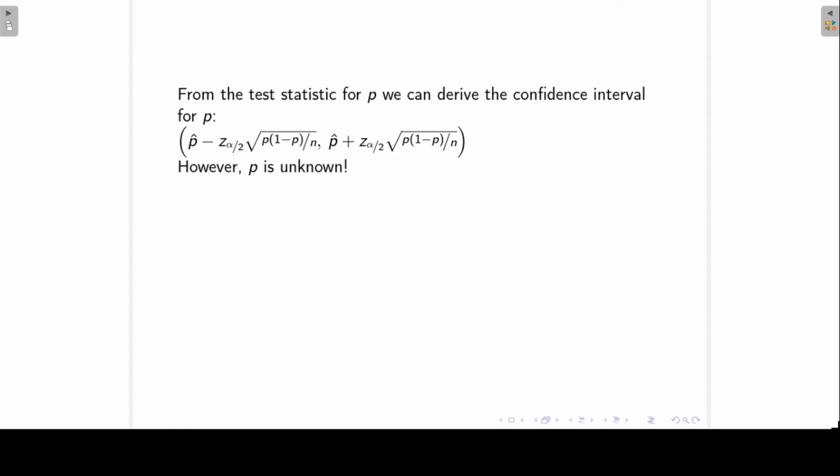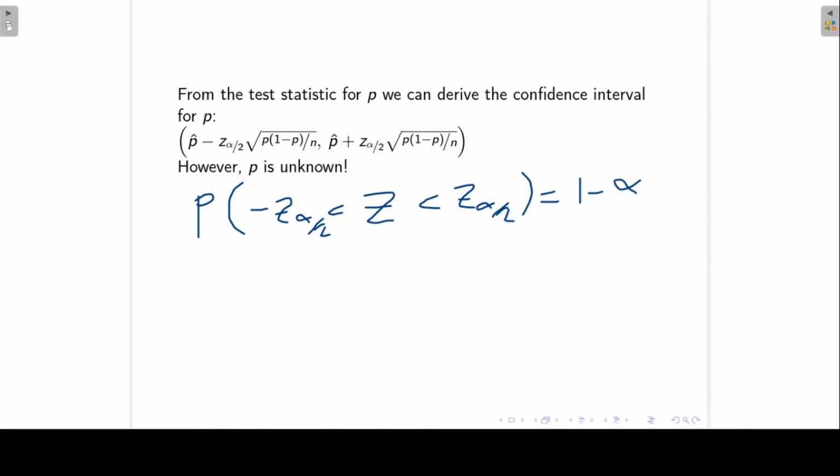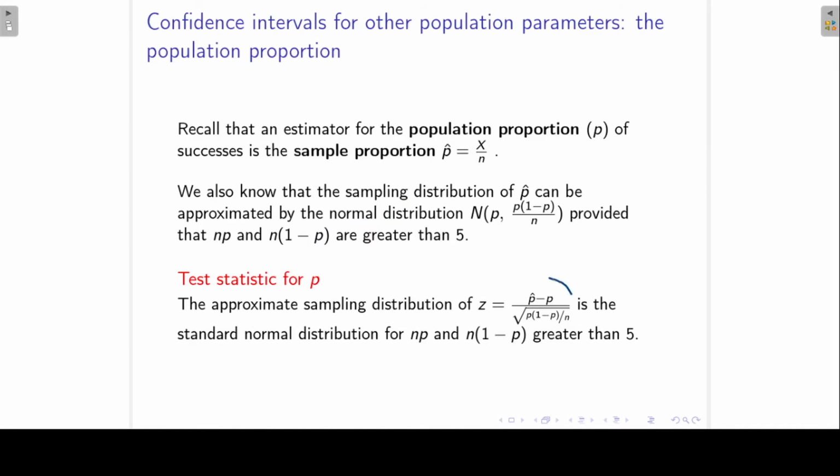And just to remind you, we can say that the probability that standard normal variable Z lies between minus z alpha over 2 and positive z alpha over 2 is 1 minus alpha. And now we substitute this Z with the test statistic on the previous slide, because it follows the standard normal distribution.